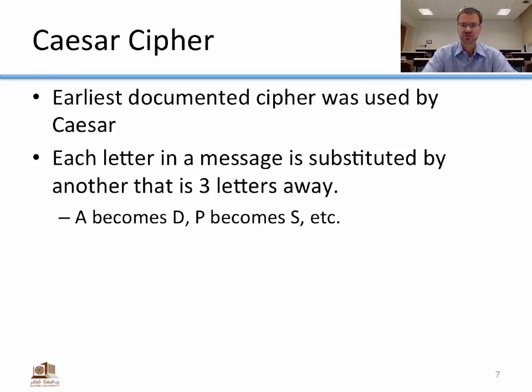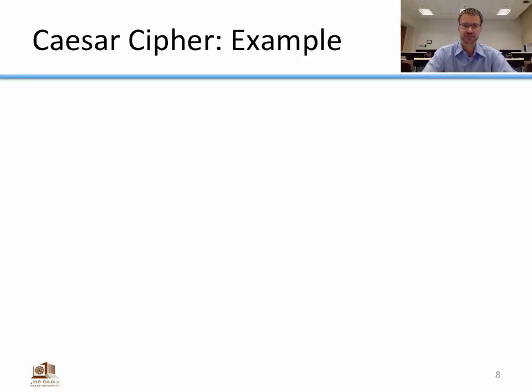Each letter in a message was substituted by another letter that was 3 letters away. So for example, if I write out my message, then every A in the message would become a D because I'm just substituting 3 letters away. Every P might become an S, and so on. So it's a simple concept. But at the time he was using it, surprisingly, people weren't able to decipher it very easily.